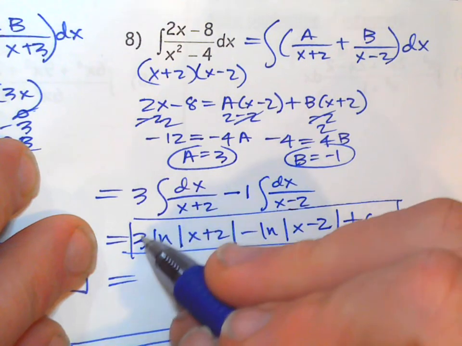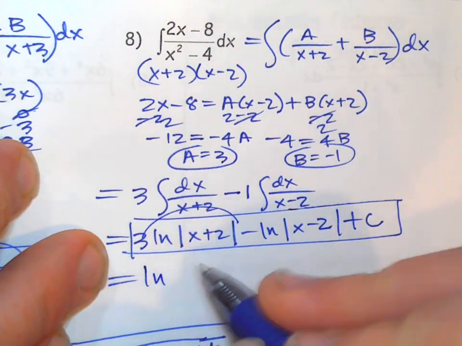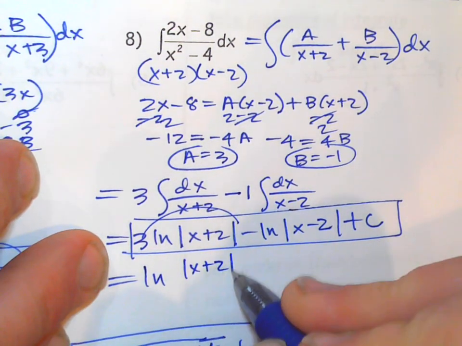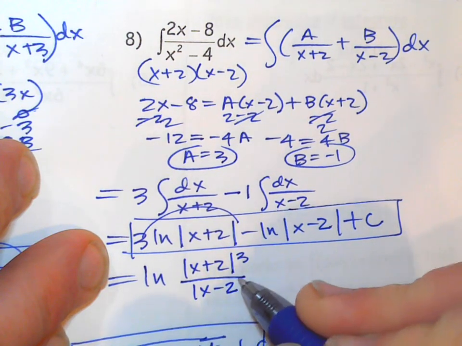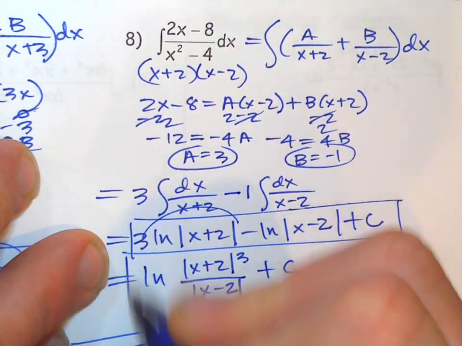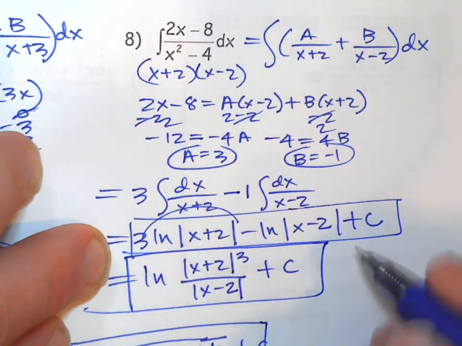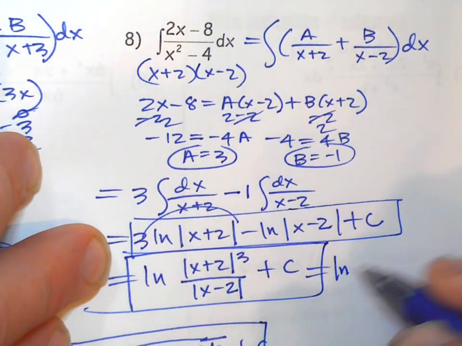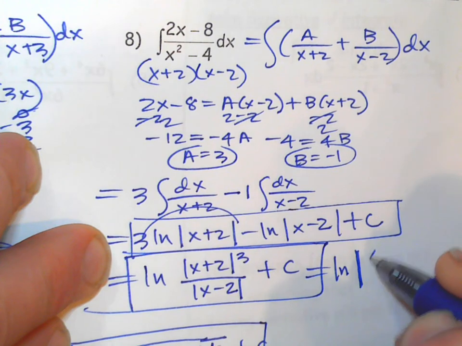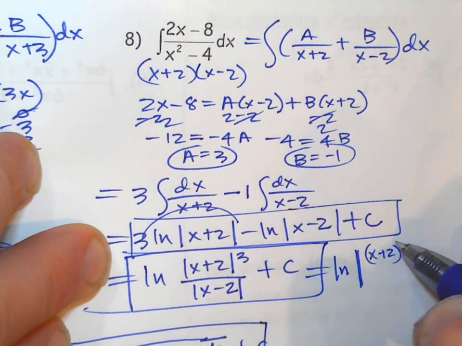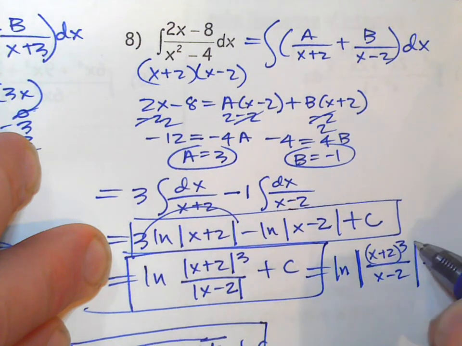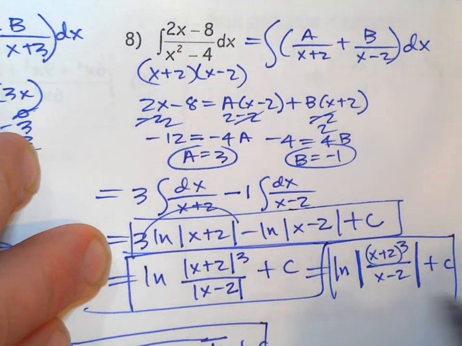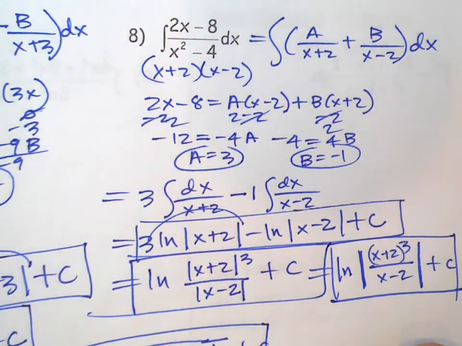So we bring the 3 inside, natural log of x plus 2 cubed divided by absolute value of x minus 2 plus c. We could put this all in one big absolute value. Seems a little nicer, maybe. So, something like that.